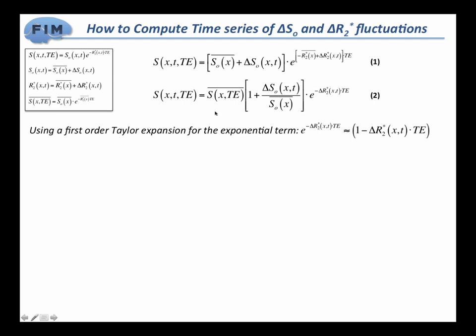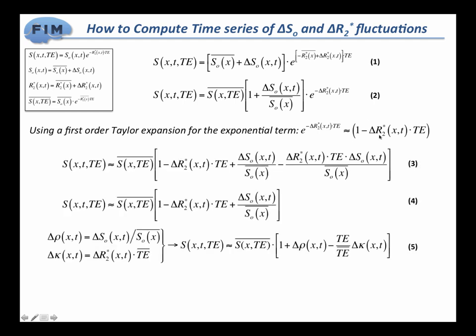The first approximation that comes is this one. In order to make the exponential something linear, using Taylor expansion, we can substitute it by this. And the whole idea is, once you do the math here, this term, because it contains the multiplication of two things that are very, very small, we can just discard it, and we can simplify the formula, and we come to something in which we have things in terms of signal percent change, because we have the signal that we measure in every voxel at a given moment in time across echoes, minus the mean, divided by its mean.